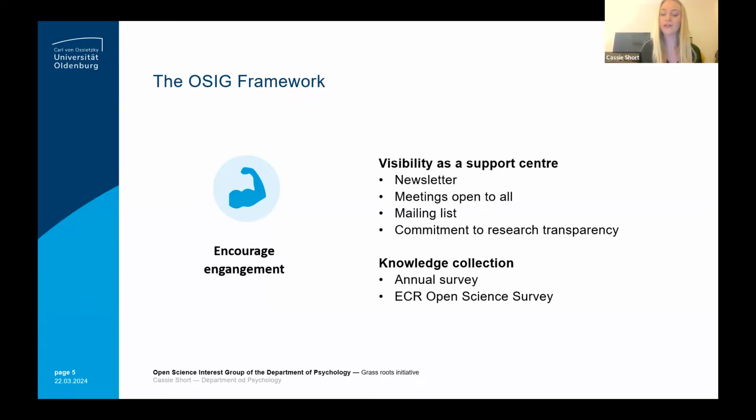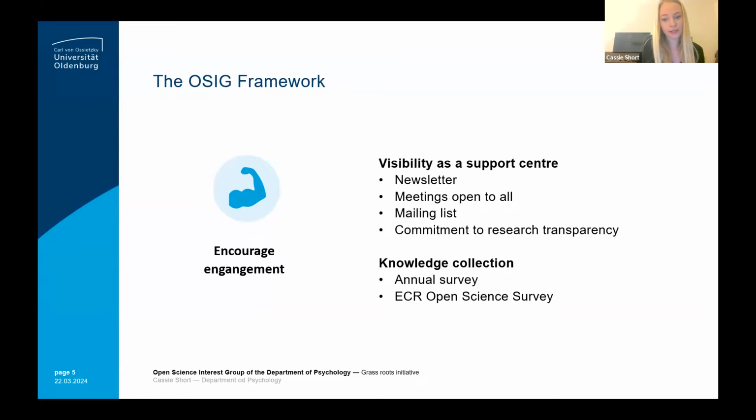And also we have knowledge collection from the department to us. So I think to encourage engagement, we really need to know what people need from us. So we have an annual survey where we ask people, are you aware of us and what we do? Is there anything that we could be doing that we're currently not doing? How can we improve to support you?